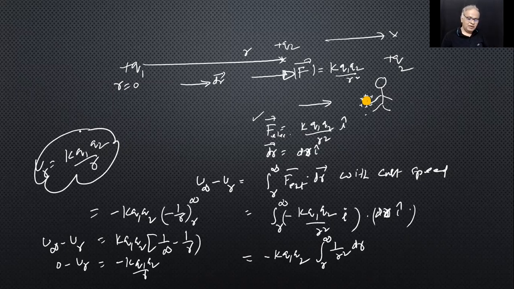My point is this: if I said K Q1 Q2 by R is the potential energy, I strictly mean to say that it is the work done by the external agent in bringing a Q2 from infinity to a distance R from Q1. That's all. Potential energy in terms of the work done by external agent will be very practically useful to us.